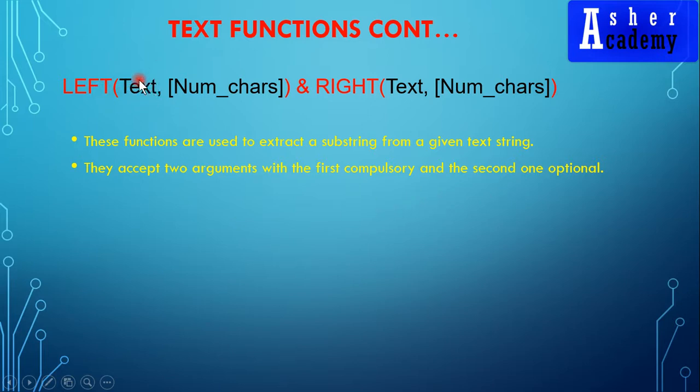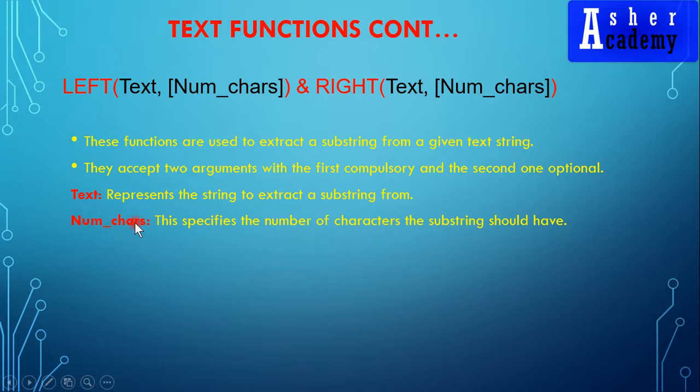As you can see over there, the text argument is compulsory and the numChars argument is optional. The text argument represents the string to extract a substring from. The numChars specifies the number of characters the substring should have.